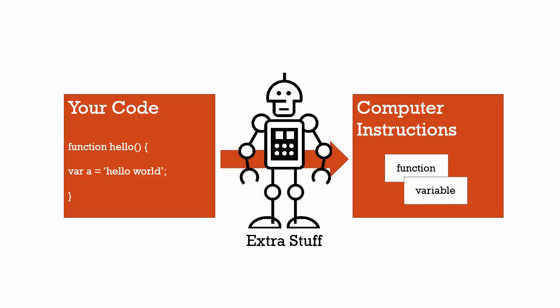Your code is not what's actually being given to the computer, but a translation of it. And so along the way, the engine that is interpreting your code can decide to do other things. Those programmers, those guys and girls, could have chosen to do something else. And in fact, that's going to come up as an important element of understanding JavaScript.